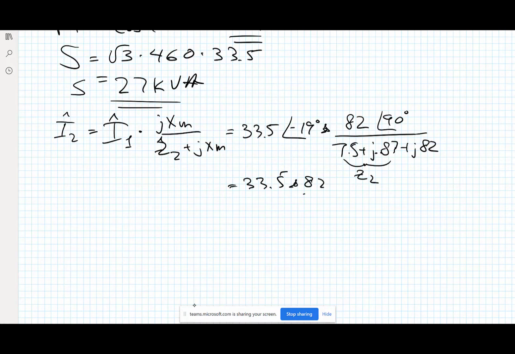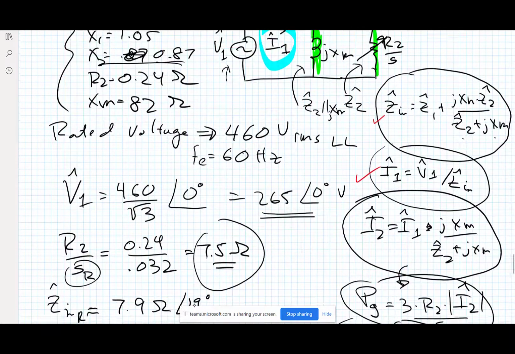times 82 over 88. I don't really care about all the angles because I'm just after the amplitude. Now that makes a lot of sense. The rotor current's going to be some reduction because there's magnetizing current that went down the branch here, right?